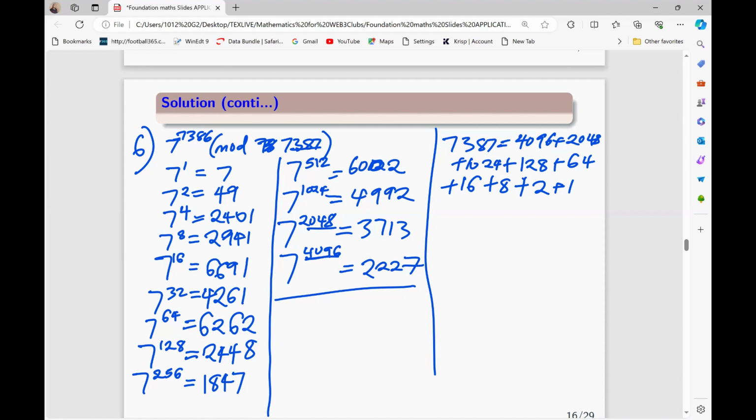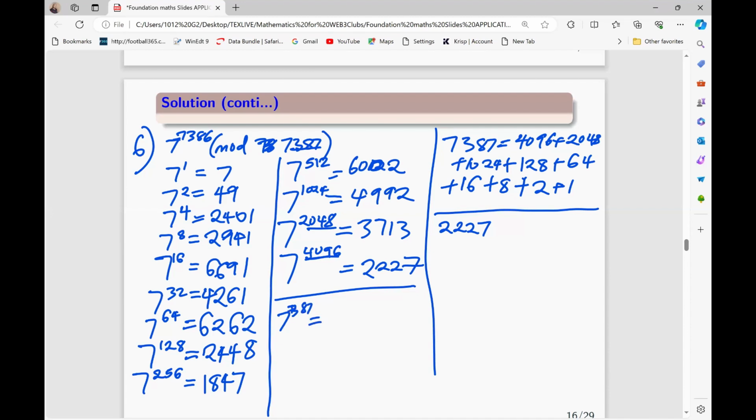Now let's substitute the numbers we found. Okay, so for 1486, the mod was 2227. First we have to remember that we are doing it as a multiple of 7. In that we had 7387.